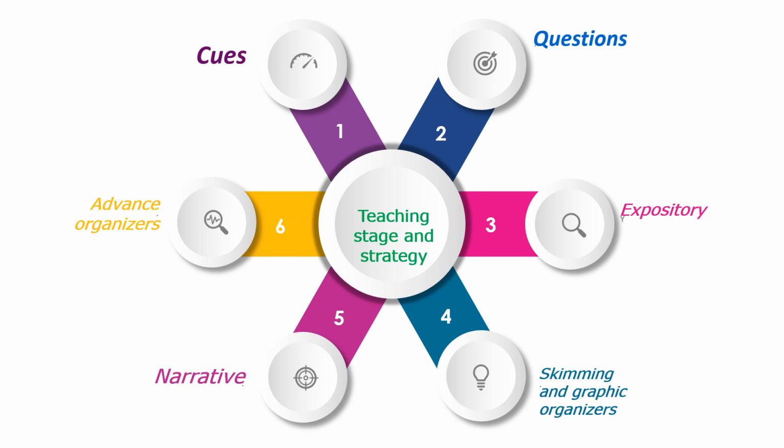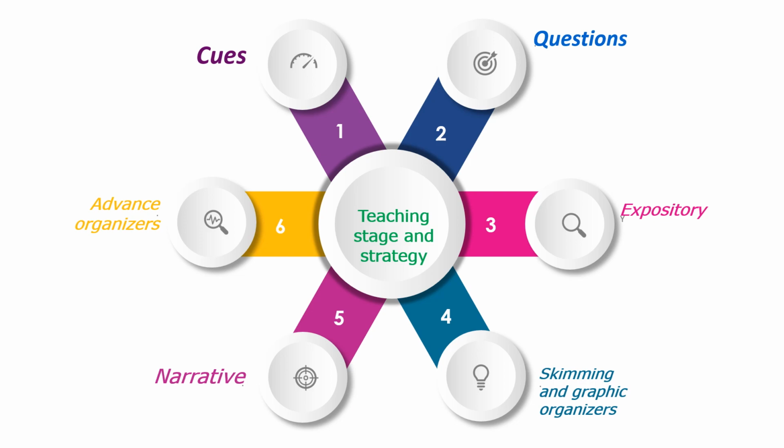We have the expository one, which describes the knowledge. We have the narrative, which presents new information in story format. We have skimming through information, graphic organizers, pictographs, descriptive or conceptual patterns, and concept maps.